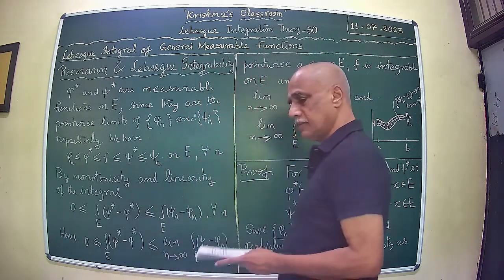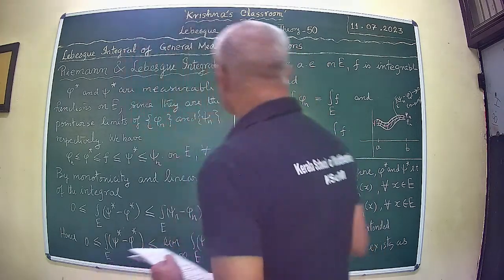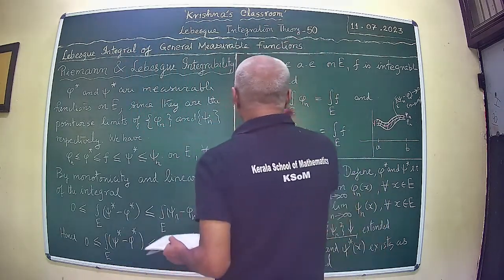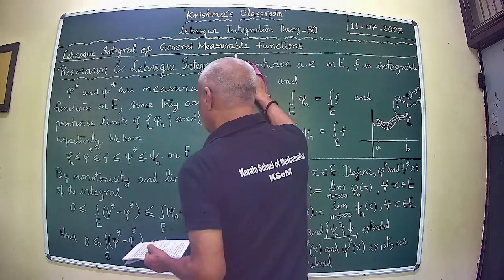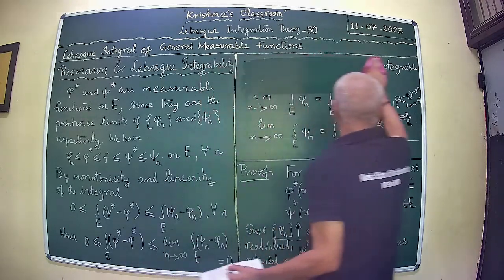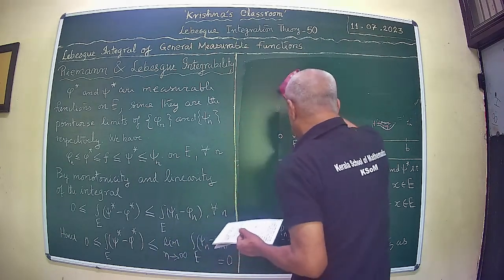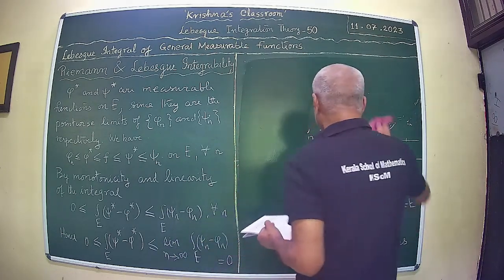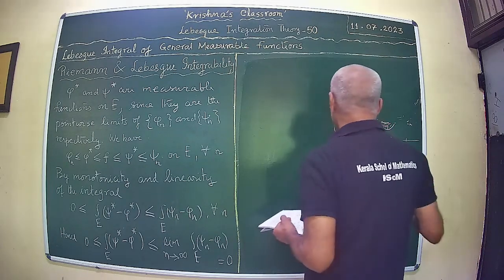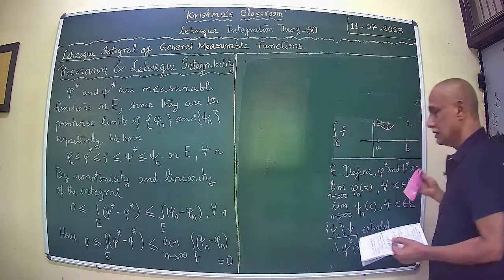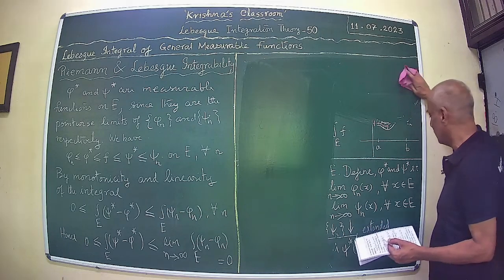What does it mean? It means that limit phi n is equal to limit psi n, and you see that f is squeezed between.